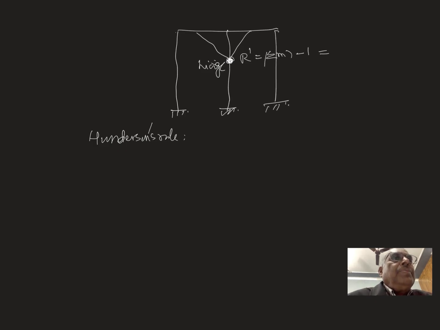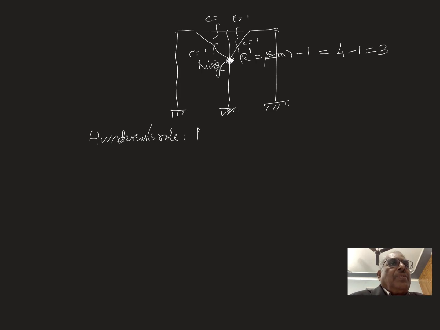How many members are meeting here? 1, 2, 3, 4. 4 members are meeting, minus 1, therefore R dash is 3. Now you have to cut to make tree-like structures. One cut here, one here, one here, and one here. There will be 4 cuts, and R dash is 3.